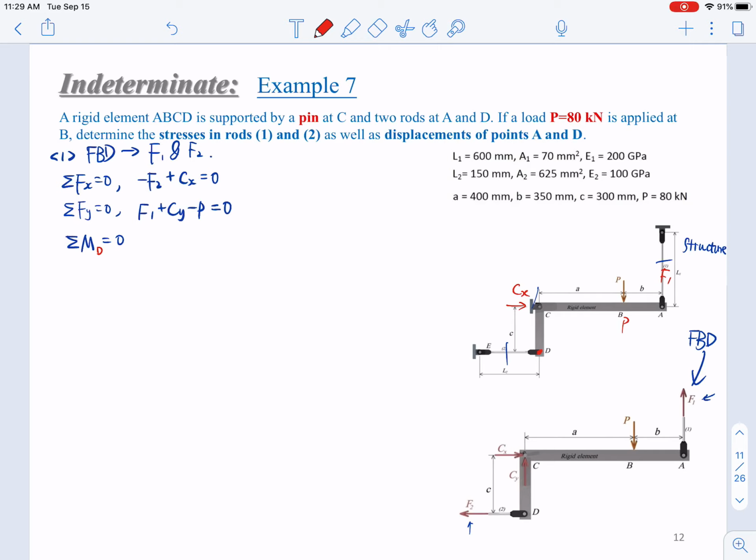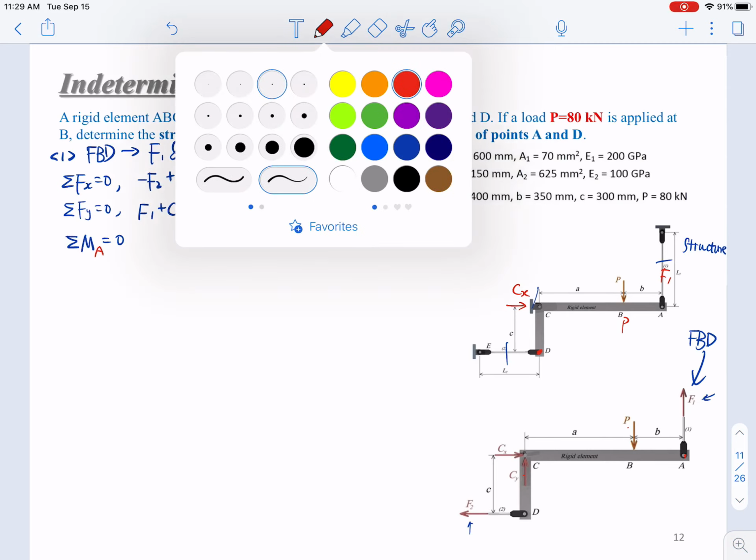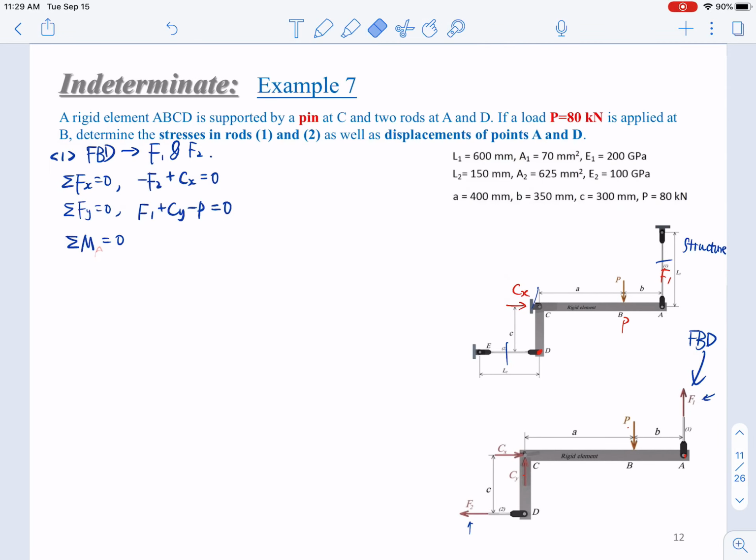Cx is an additional unknown, so we will not need it. How about if we select the point A? Then you will have Cy, P, and F2. Again, you will involve Cy, just additional unknowns, so it's not desired.